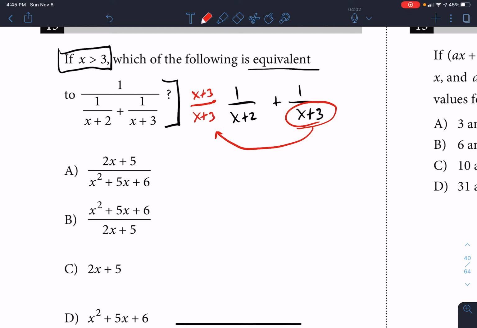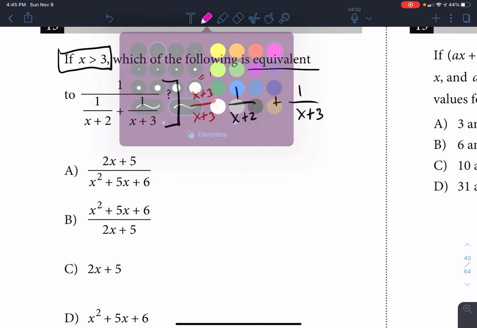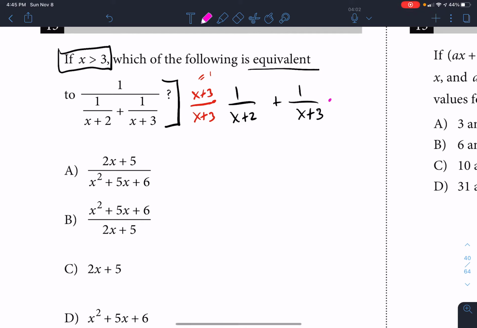Once again, this is just a fancy way of saying 1. And multiply the other side by x plus 2. Once again, this is just a fancy 1. And we multiply them together. We get a common denominator of x plus 3 times x plus 2.